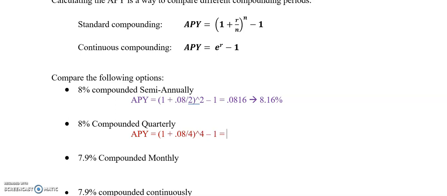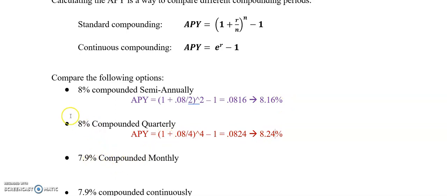Plug all of that into our calculator, and we get 0.0824, or 8.24%. So you can see that even though the 8% was the same in both cases, the APY turns out to be a little bit different because of the number of compounding periods.